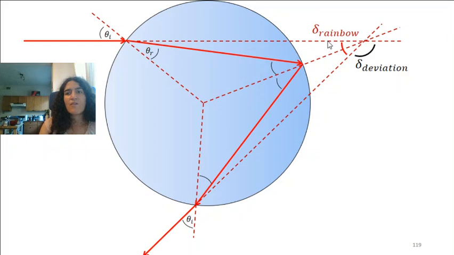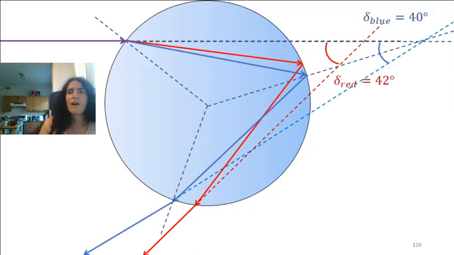It turns out that I can also calculate what happens for blue light. Blue light is going to bend a little bit more, reflect off of the back again, and then bend a little more. And so now I have a deviation or rainbow angle for red light and a rainbow angle for blue light.